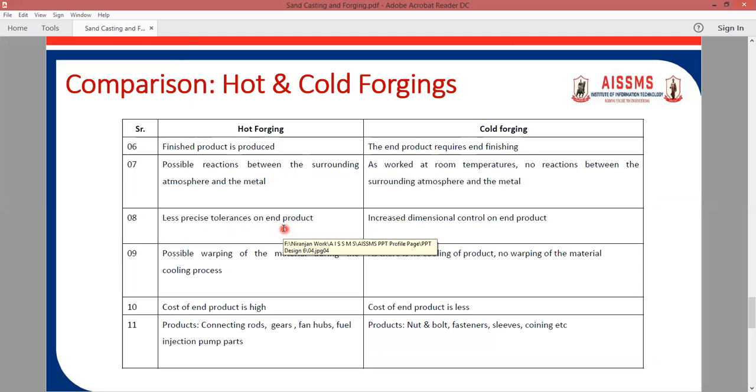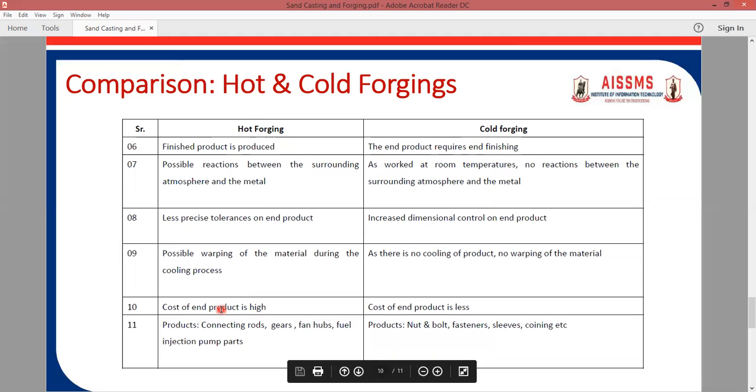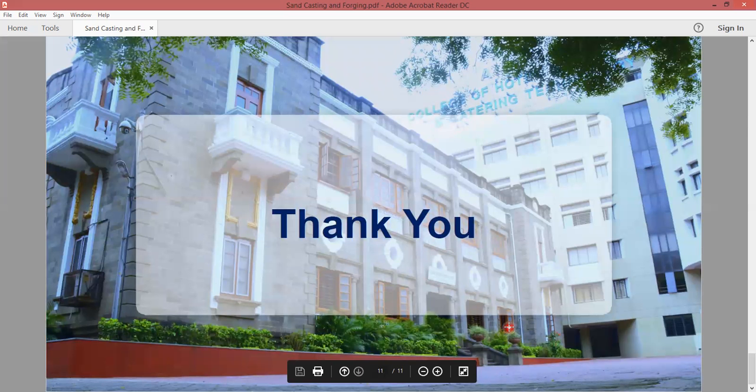Less precise tolerance on the end product is observed in hot forging, while increased dimensional control on the end product is observed in cold forging. The cost of the hot forge component is high, cost is low for cold forging, and the application areas in hot forging are connecting rods, gears, fan blades, while nuts, bolts, and fasteners are cold forge components. So these are the differences between hot forging and cold forging.